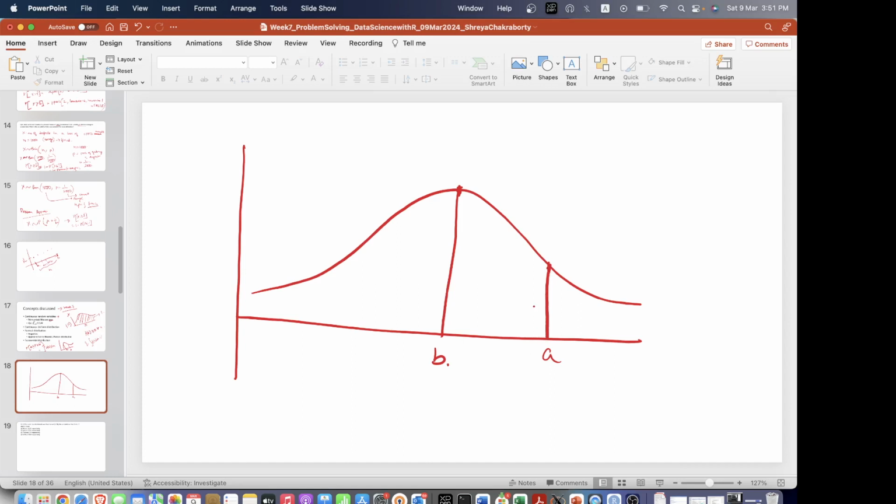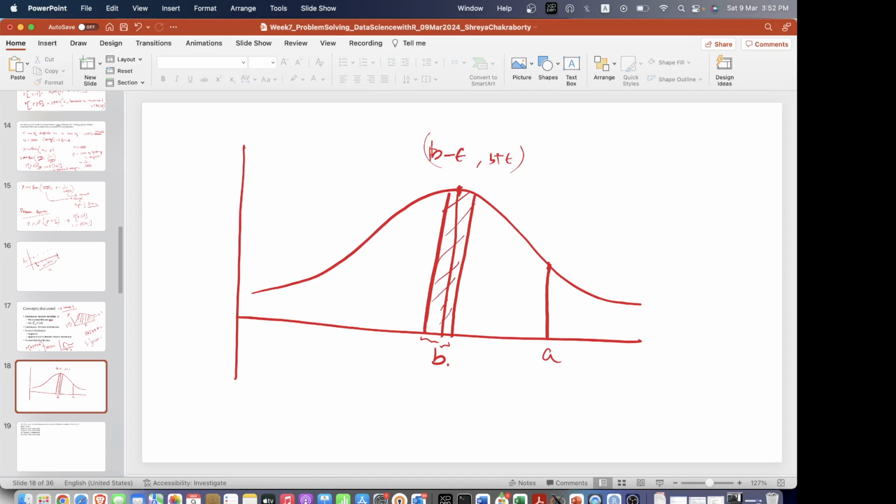Actually there is no area. What we can assume is that there is a very small boundary around b, say b minus epsilon to b plus epsilon, and we can measure the area between these 2 points.